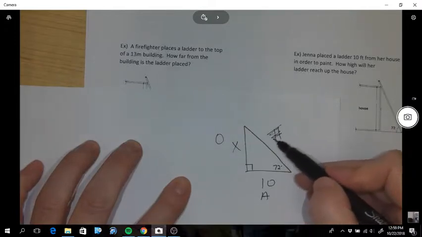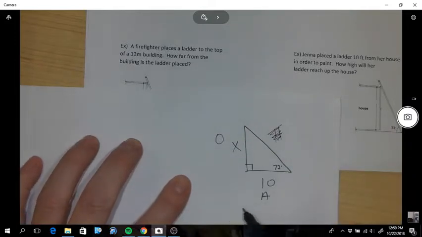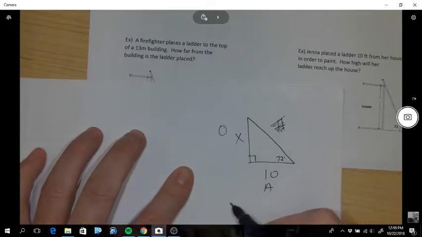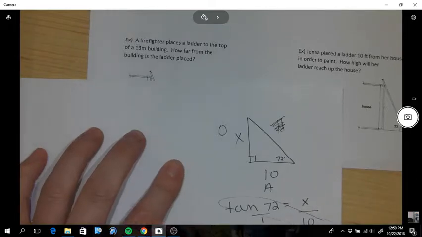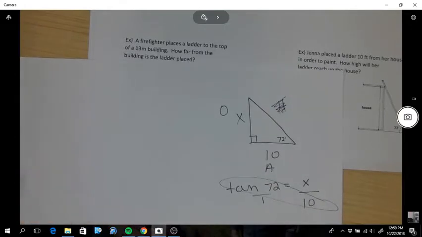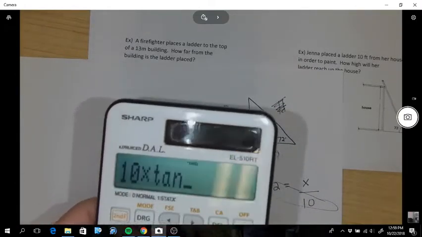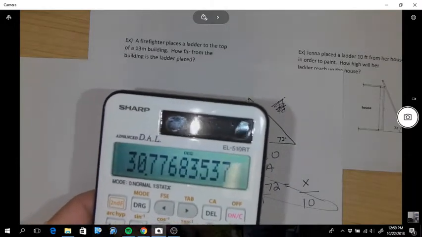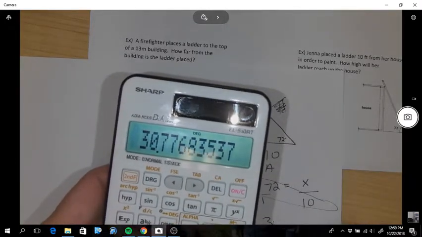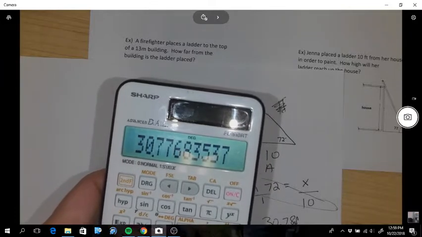I don't care about this H. So now an O and A make TOA. So tan of 72 is the opposite over the adjacent. So now this would be multiplying those two. So 10 times tan of 72 equals 30.78 feet.